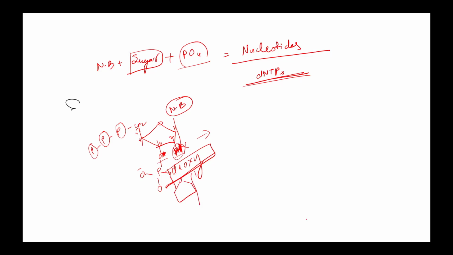So in DNA, if we don't have this 3' hydroxyl group, then the next nucleotide cannot join at this particular residue. So that is the modification that has been used in Sanger sequencing.